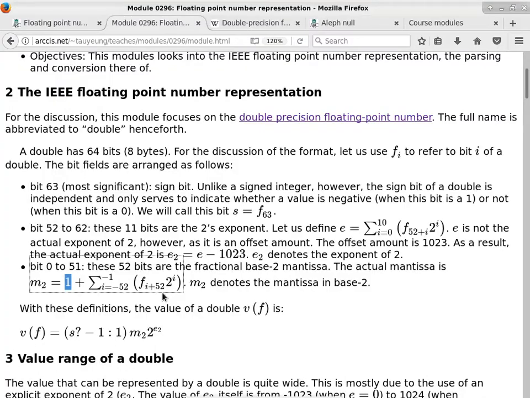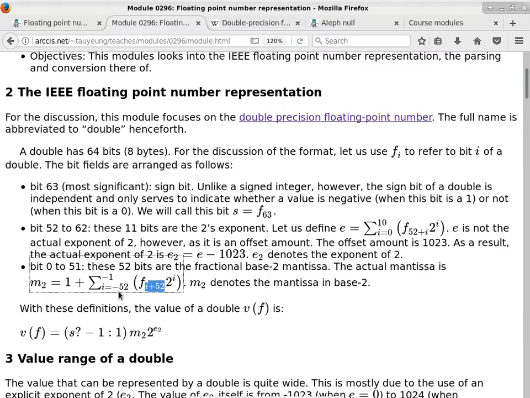All right. So when you look at this math here, this part is really just designating which bit we are talking about. So when i equals negative 52, we are designating bit 0, because i plus 52 is exactly 0. When i is negative 1, it is designating f subscript 51, because negative 1 plus 52 is 51.